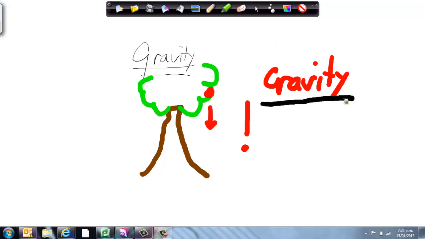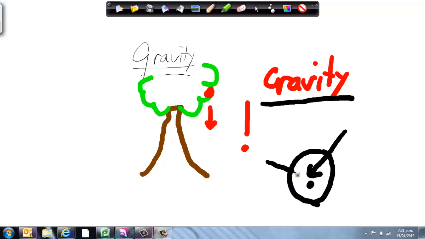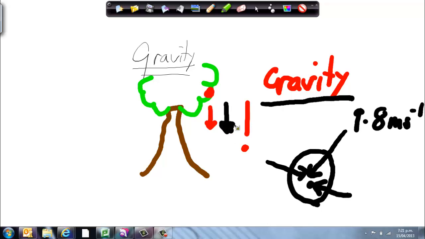Gravity is a force that pulls towards the center of the earth. So you have the center of the earth there, and we have it all the way around. And as the earth spins, it creates this consistent force all the way in towards the center. And that force is 9.8 meters per second squared, the pace at which something will move down towards the center of the earth. So we always have those two forces acting upon a projectile.